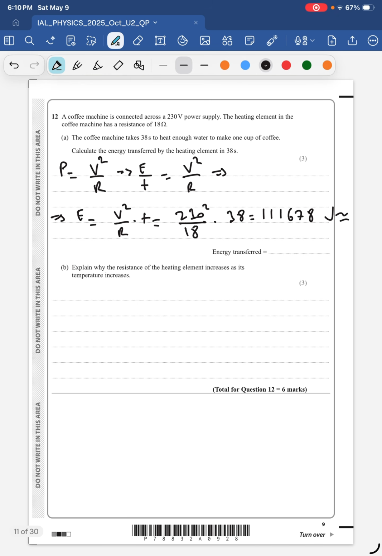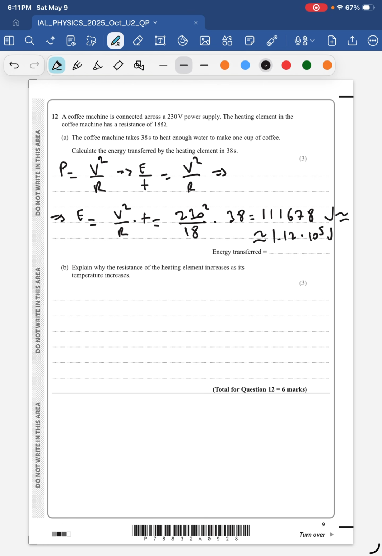Okay, I think probably you should write something like 1.12 times 10 to the 5 joules. It looks better. So anyway, B, explain why the resistance of the heating element increases as its temperature increases.